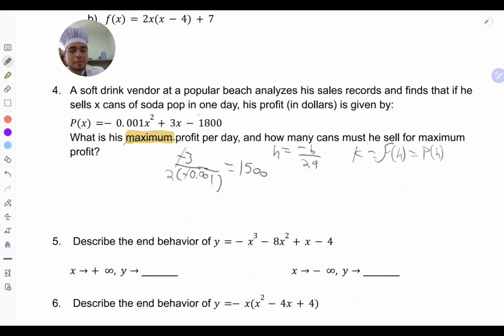How do we find out the y-coordinate? Meaning, how do we find out the k-value? We just put it into p.